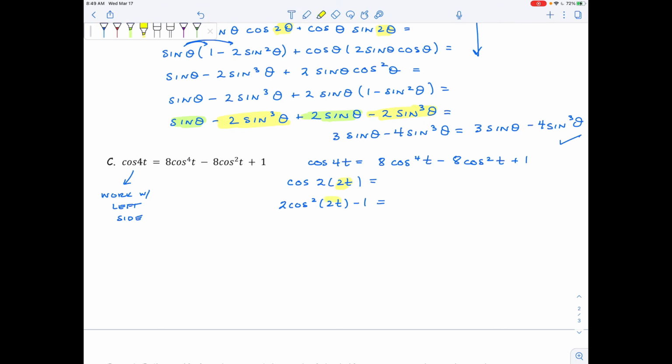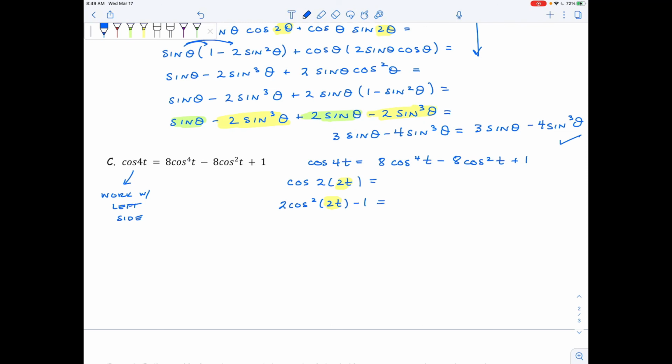Again, just replacing that a with a 2t. And then I've got to expand this out to get cosine to the 4th t's, and I've got cosine squared t's.